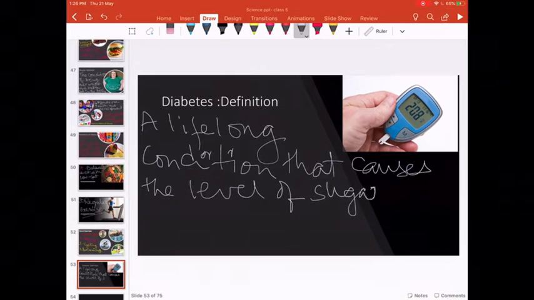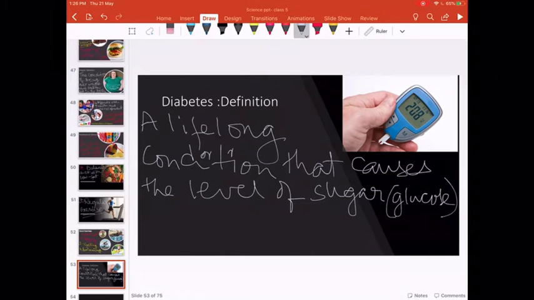of sugar. Now what is that sugar? What is that sugar? চিনি বেড়ে যায় কি ব্লাডে? No, sugar contains glucose. এই গ্লুকোজটা বেড়ে যায় ব্লাডে.